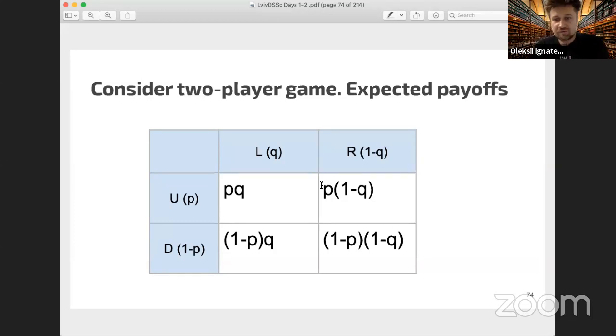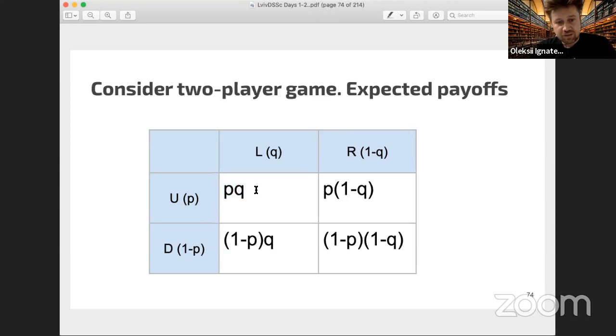So if you have 2 players and 2 strategies, we can assign them mixed strategies P and 1 minus P, and Q and 1 minus Q. It's the probability to play this particular pure strategy. Then these are not payoffs; this is the probability of meeting this outcome.